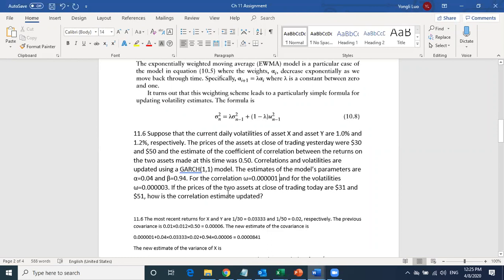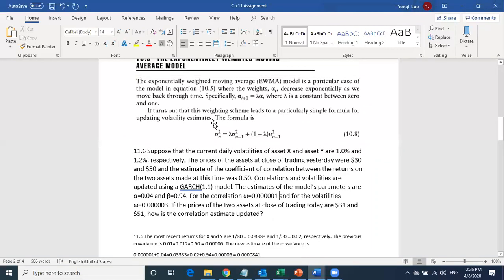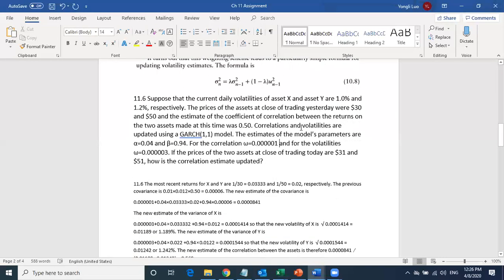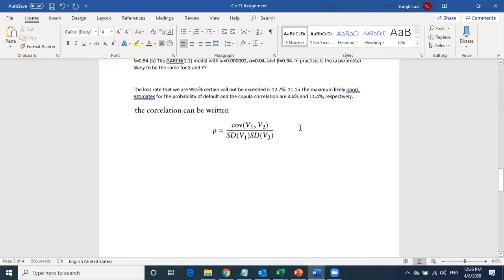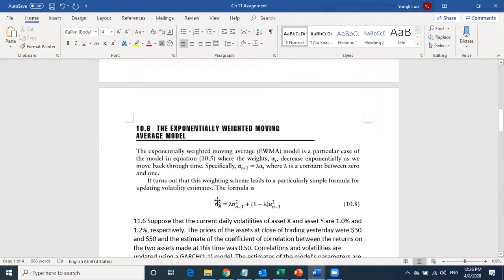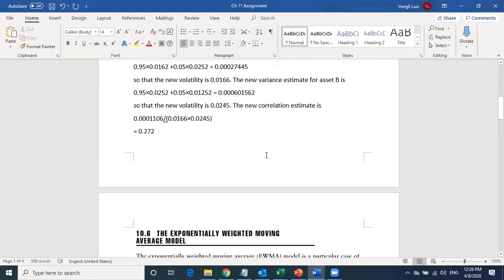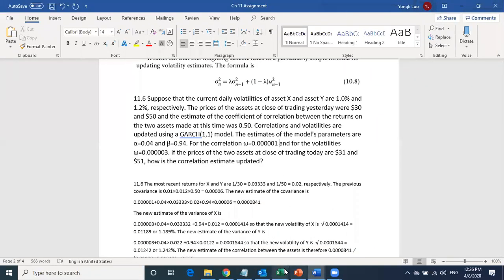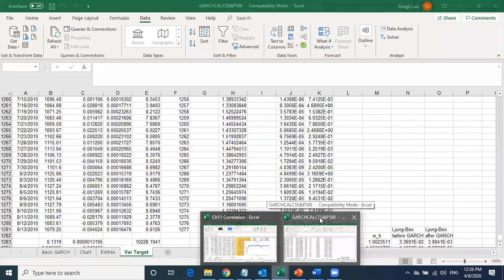If the prices of the two assets at close of the trading day are 31 and 51, how is the correlation estimate updated? That's similar to the assignment. I'm going to use the GARCH 1,1 model, so we're using the GARCH model instead of the exponentially weighted moving average.